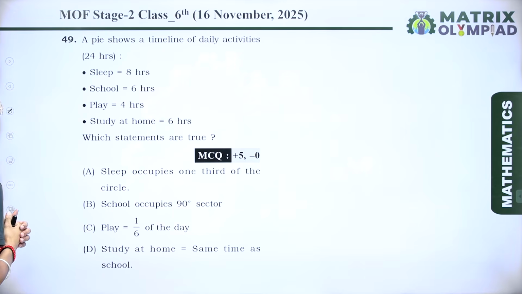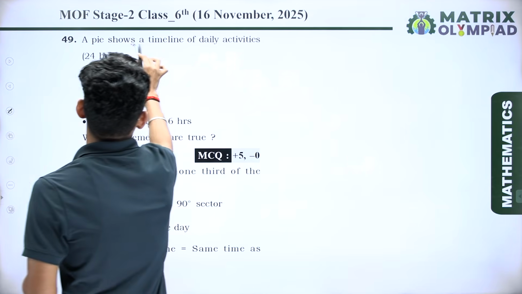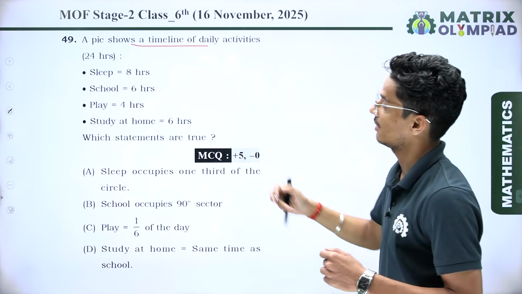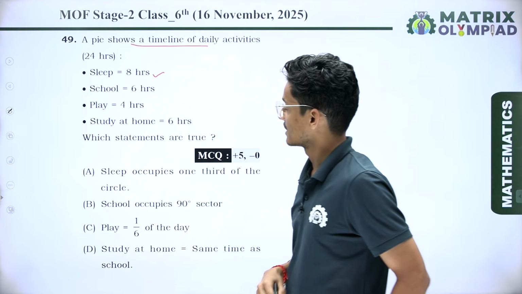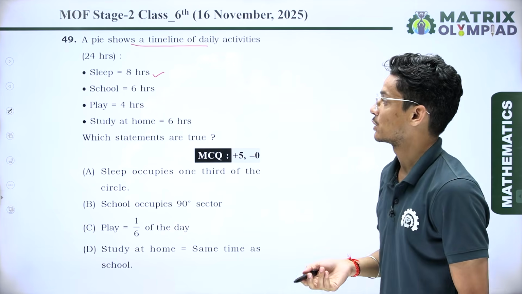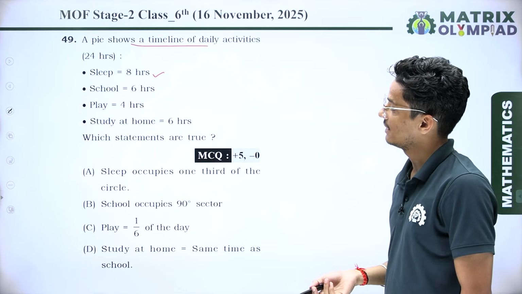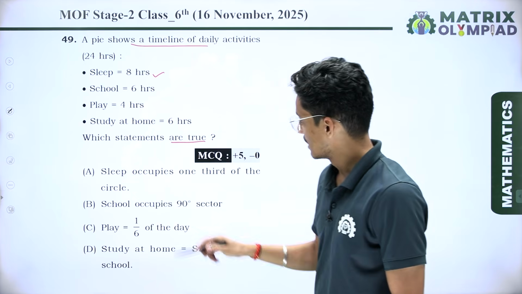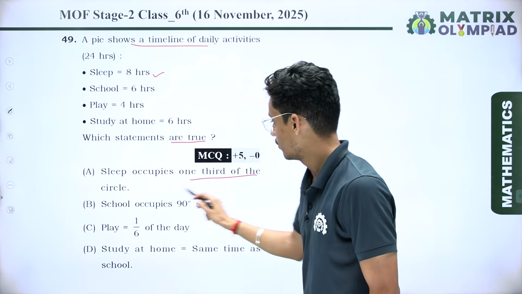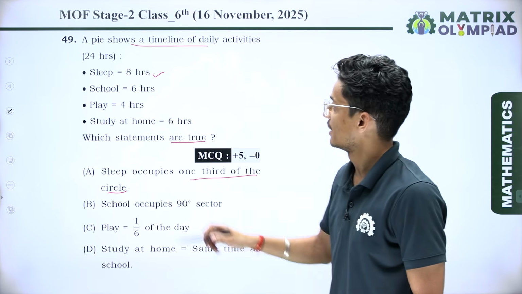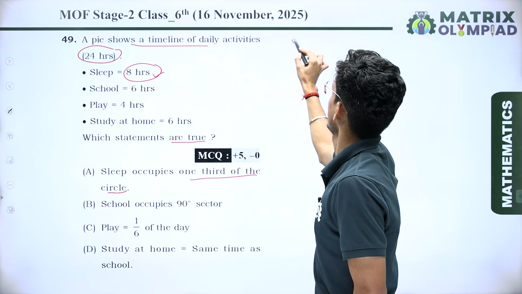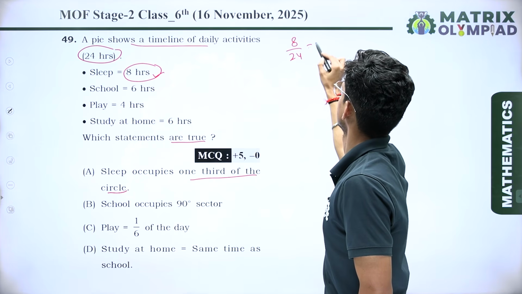Now the next question is a pie chart showing the timeline of daily activities, that is 24 hours. Sleep is 8 hours, school 6 hours, play 4 hours, study at home 6 hours. Which statements are true? Sleep occupies 1/3 of the circle: sleep is 8 and the total is 24 hours, so 8/24 is 1/3.